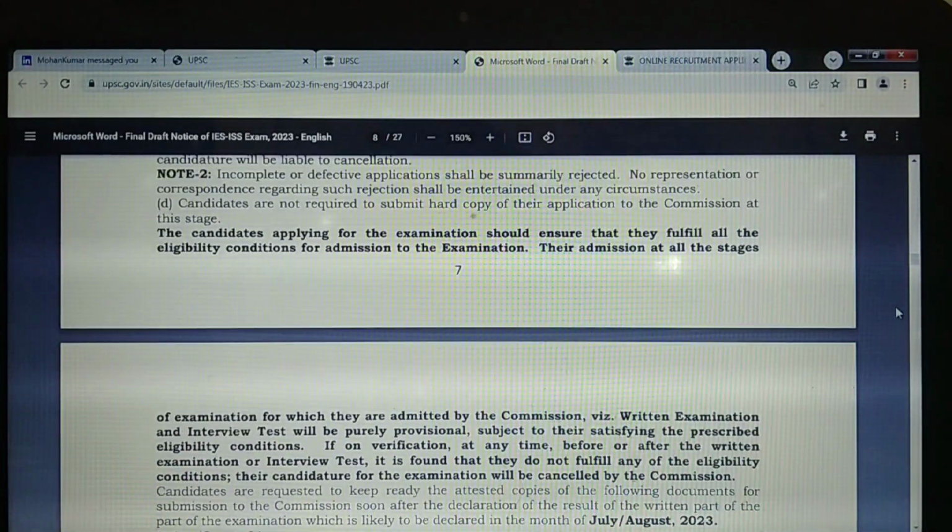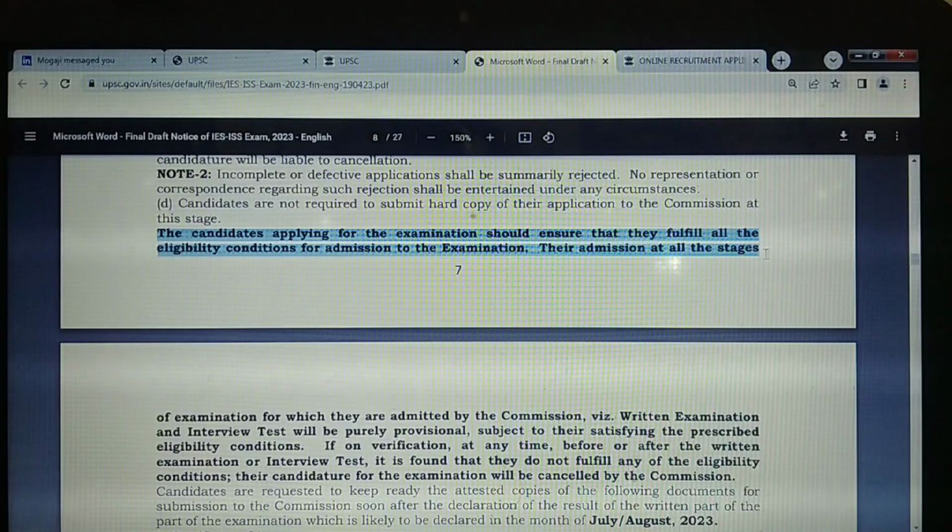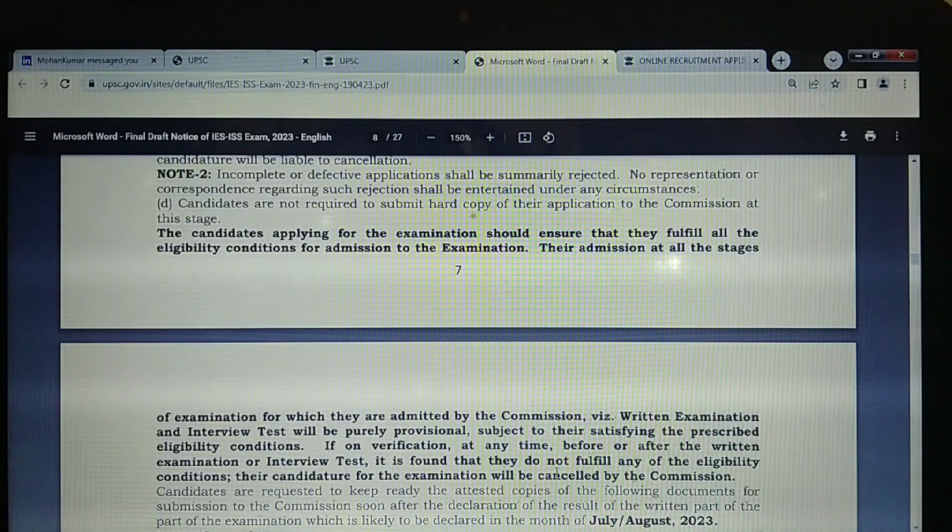Then here is the important point in the notification which I was highlighting. The candidates who are applying for the examination should ensure that they fulfill all the eligibility conditions for admission to the examination. Their admission at all the stages of the examination for which they are admitted by the commission, written examination and interview test, will be purely provisional, subject to their satisfying the prescribed eligibility conditions.